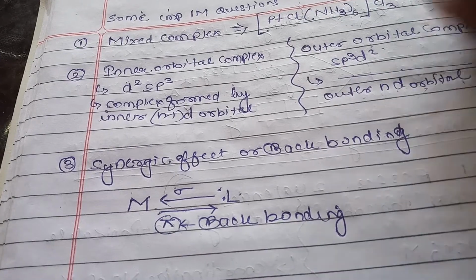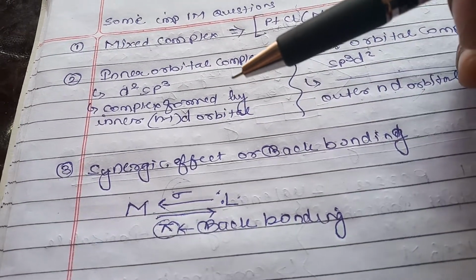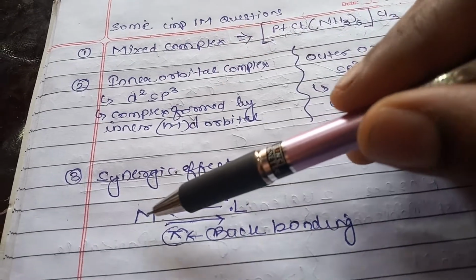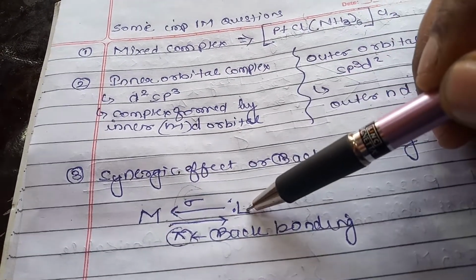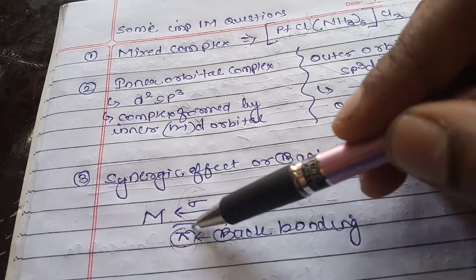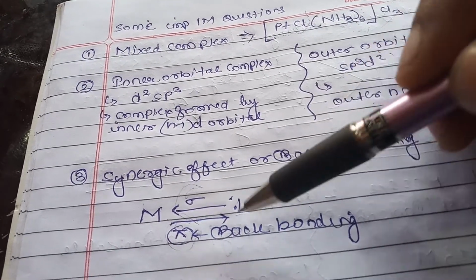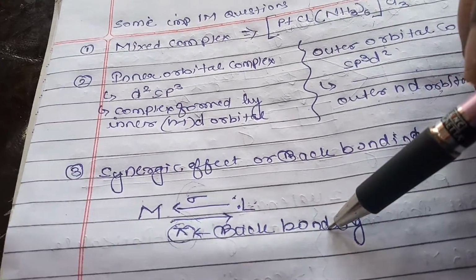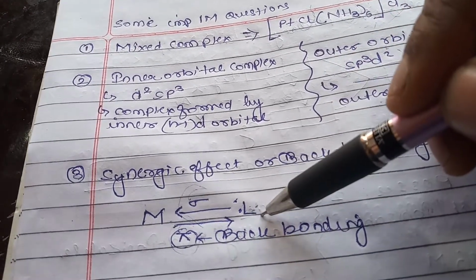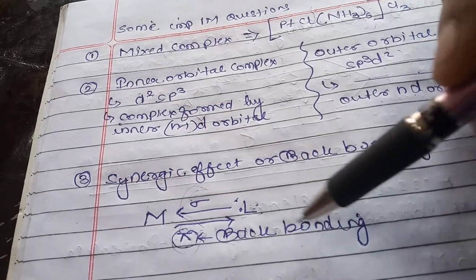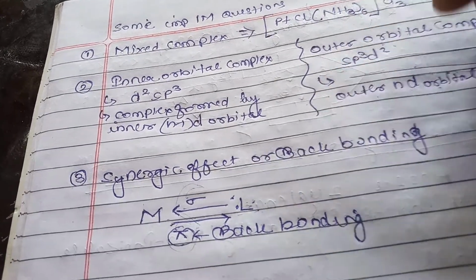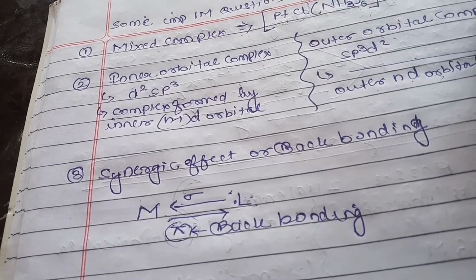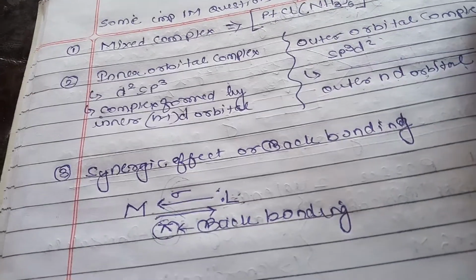But we know that metals are electropositive species and have a tendency to donate electrons. So it donates its electron back to the ligand and results in the formation of a pi bond. As the bond is formed again, that is back bonding, therefore this pi bond is also known as back bonding. That is, the metal again forms its bond along with the ligand. So it is termed as back bonding, which is also known as synergic effect.